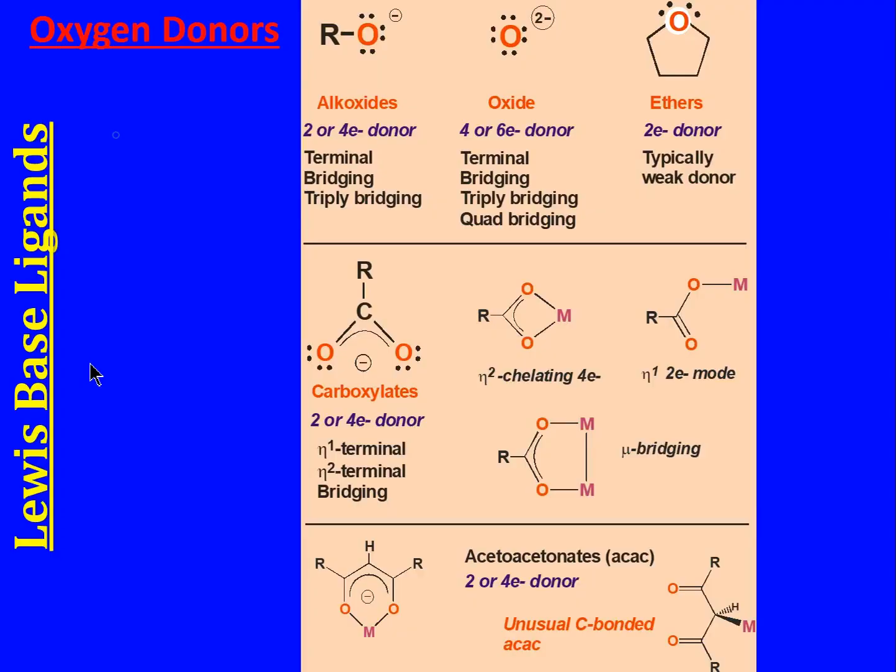In the family of oxygenated ligands, we consider alkoxide RO-, which is by theory a 2 electron donor terminal to the same metal, or a 4 electron donor to the same metal. It can be bridging, 4 electron donor, so 2 electrons to each metal center, and triply bridging.